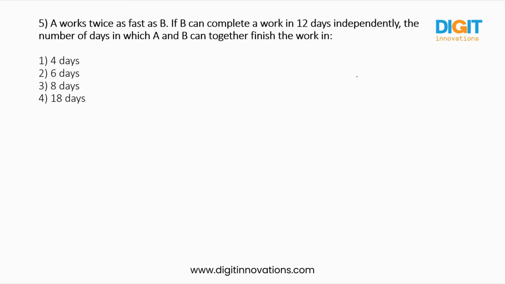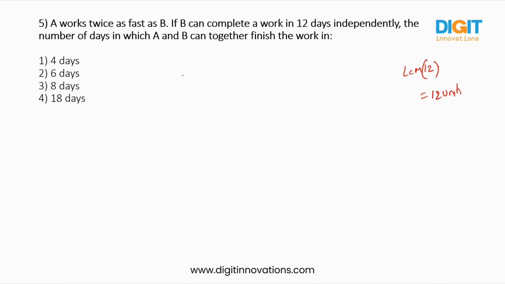As I told you, if they give the days, you have to take the LCM of those days. Then you will get the total units of work. For taking LCM of 12, you will end up with 12 only. So the total work is 12 units.